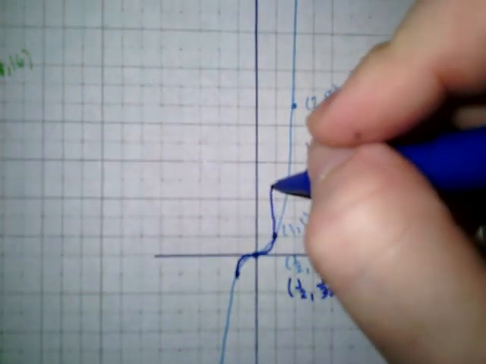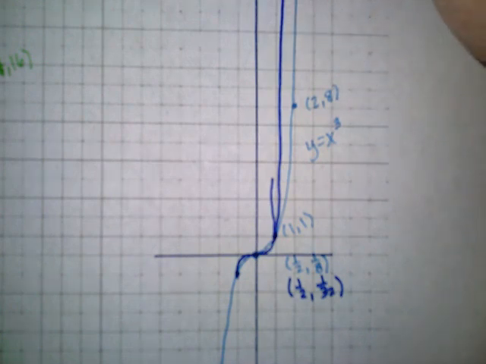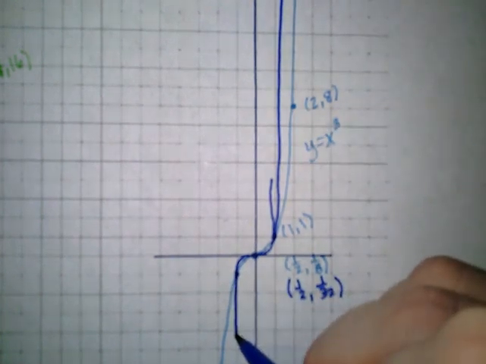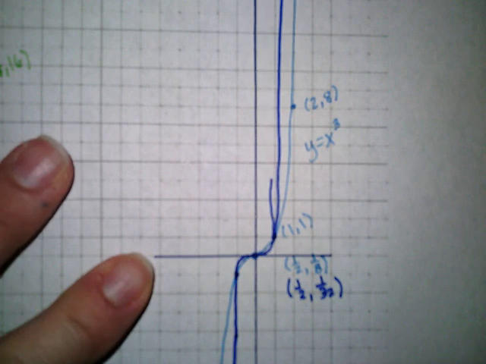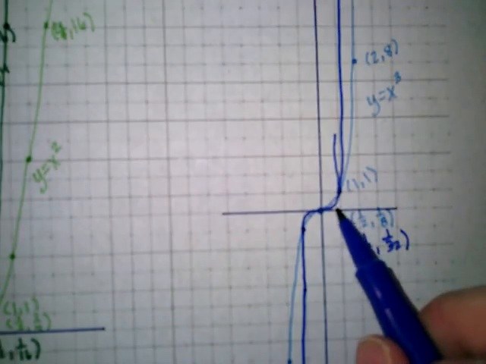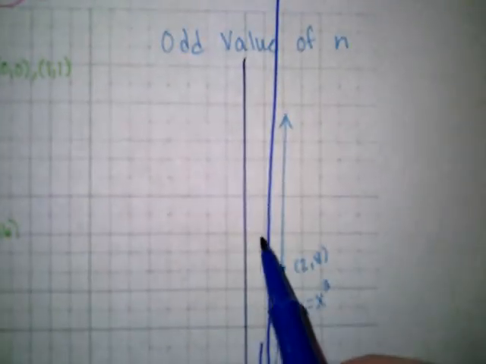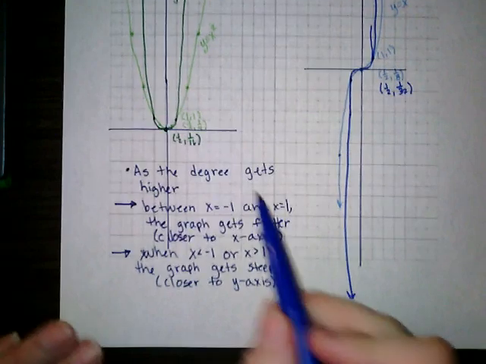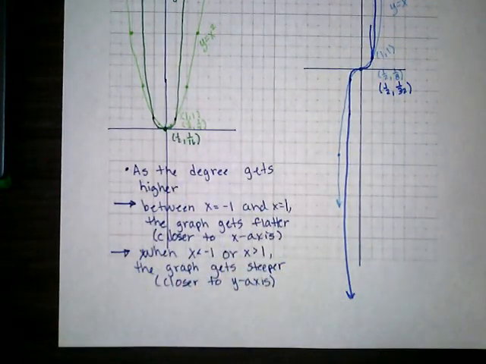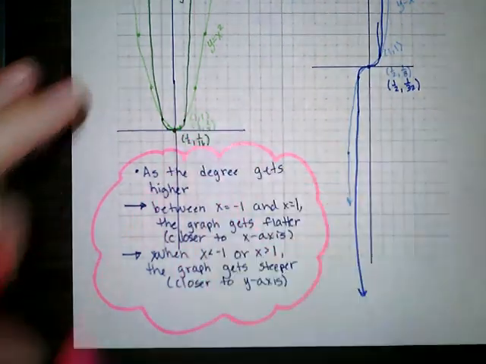And then it gets really super steep after 1, because it has to go and hit (2, 32) and (-2, -32). So again, we can see closer to the x-axis between -1 and 1, and closer to the y-axis when x is bigger than 1 and smaller than -1. So this is going to apply to both even and odd.